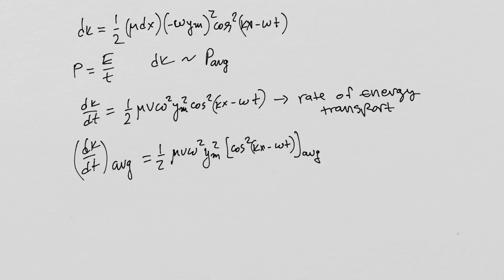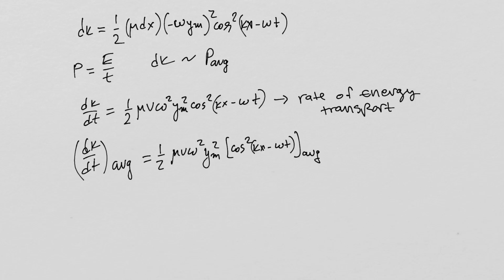So to calculate the average of a cosine function, we are going to take an integer number of wavelengths, knowing that the average value of a square of a cosine function over an integer number of wavelengths is equal to 1/2.